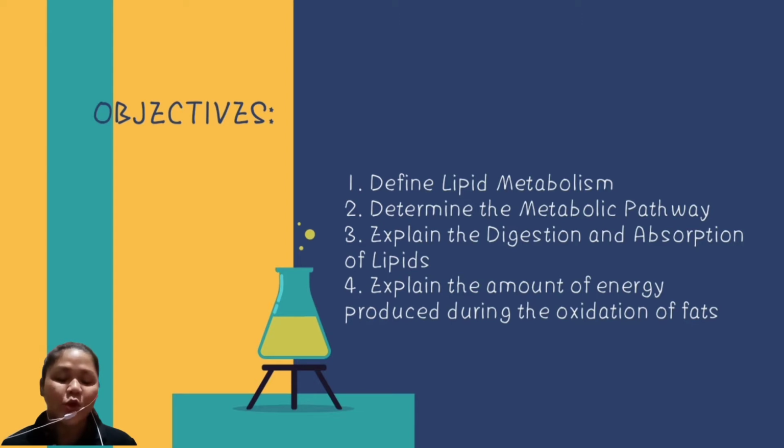Second is to determine the metabolic pathway. Third, explain the digestion and absorption of lipids. And our last objective for this report is to explain the amount of energy produced during the oxidation of fats. Hopefully we will achieve all these 4 objectives.